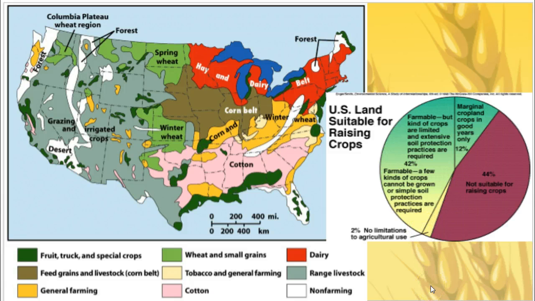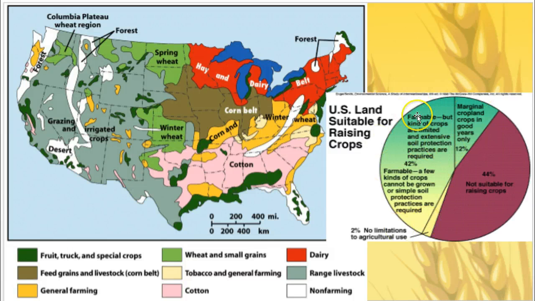A lot of it could be considered marginal cropland, so that's not prime farmland. It's land that you could repurpose for growing crops, but it's not a place that you would necessarily think about growing crops in the first place.